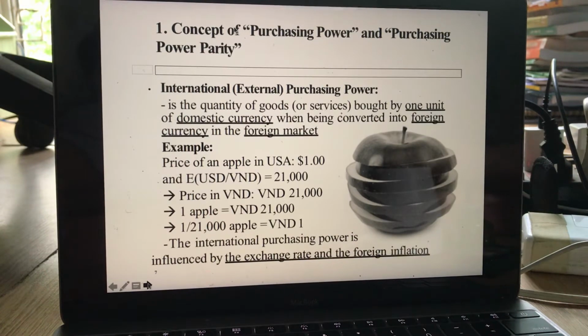And that corresponds to the QF, right? We have the QD for the domestic and QF for the foreign, and that's labeled the internal or the external purchasing power.